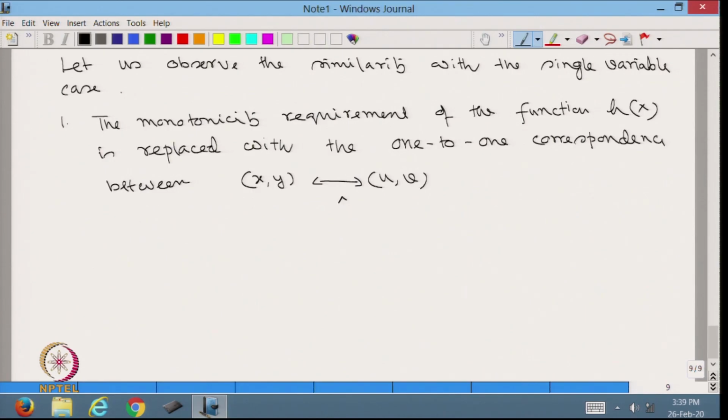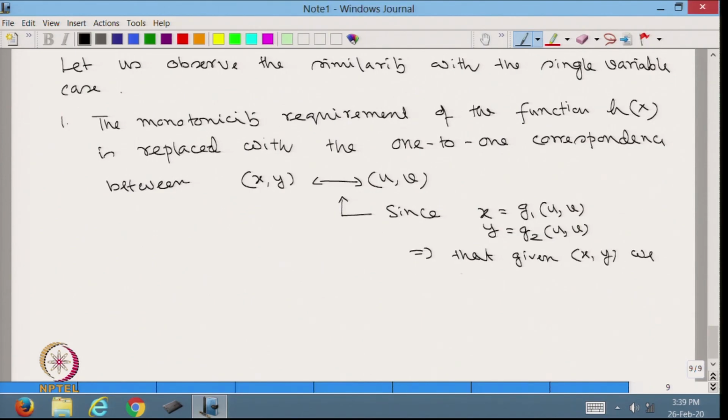This is possible since x is equal to g1 u v and y is equal to g2 u v implies that given x y we can get u v uniquely and vice versa. That is, given u v we can get x y.